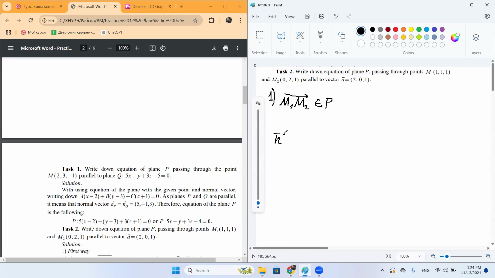The normal vector can be received as a cross product of two vectors, m1m2 and A. As you remember, it's perpendicular to both these vectors, so it's perpendicular to the plane P. So let's calculate.